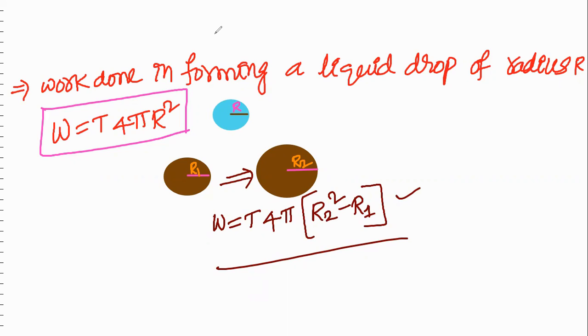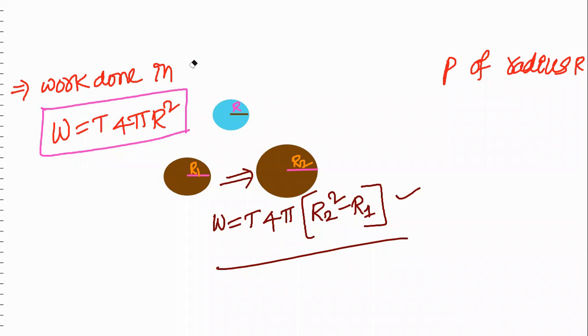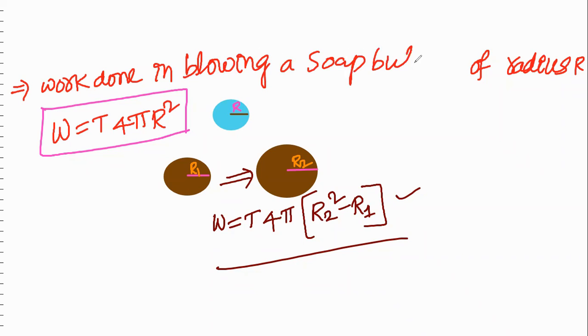Whereas if it is the work done in blowing a soap bubble of radius capital R, this is for the liquid drop, only one surface will be available, and for the soap bubble, two different surfaces will be there.